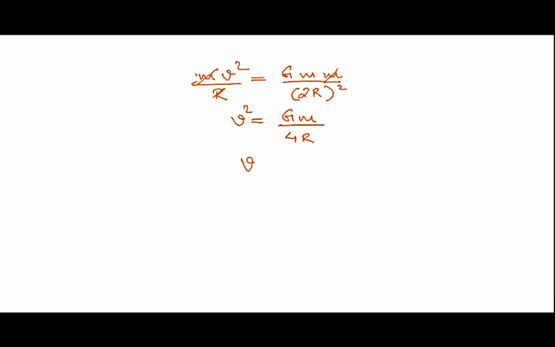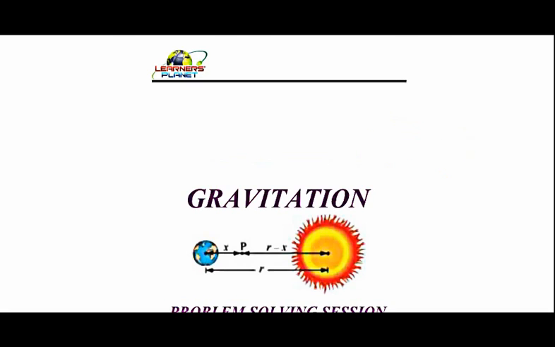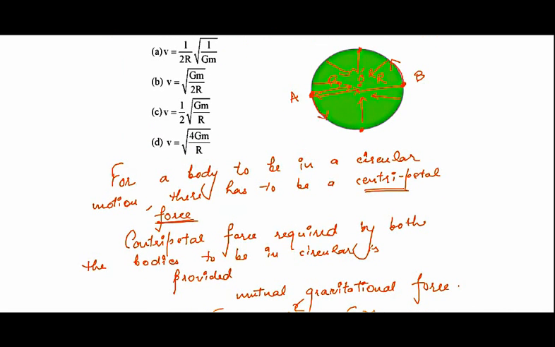Or you can simply write the velocity comes out to be half of under root GM by r. Is this fine? Hence the velocity of each body, or of both the bodies, is the same, that is half under root GM by r. The correct option out of the given 4 is simply option C.